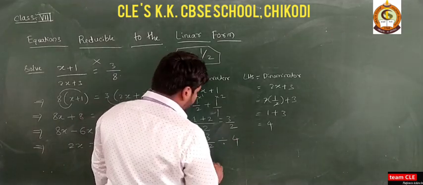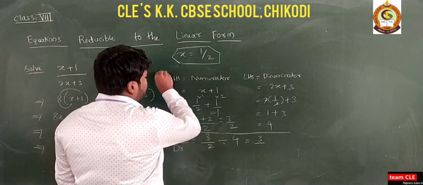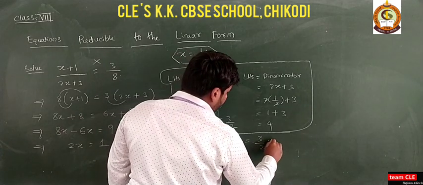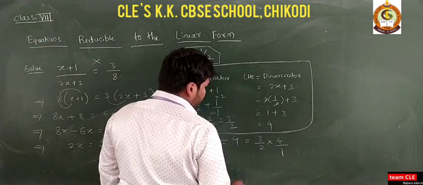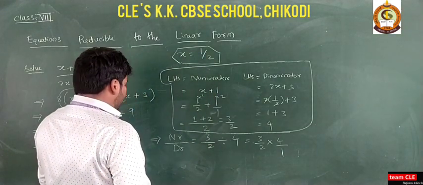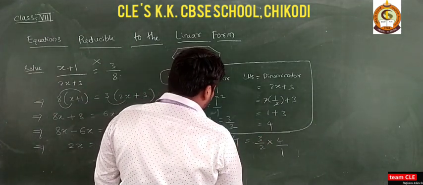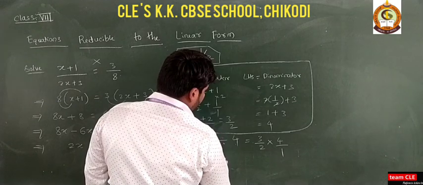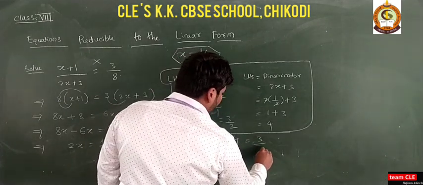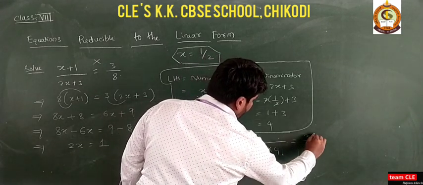That means you should take the reciprocal, that is 3 by 2 as a separate part, and next I am solving this one, 3 by 2 into 1 by 4. So this is 3 by 2 into 4, you are getting this. Which means it is 3 by 8.